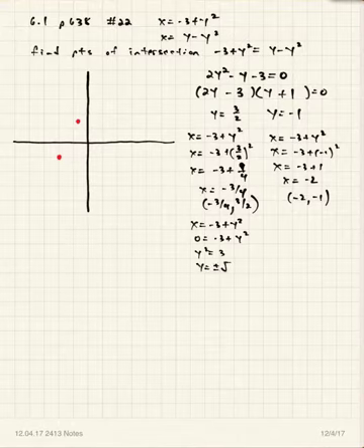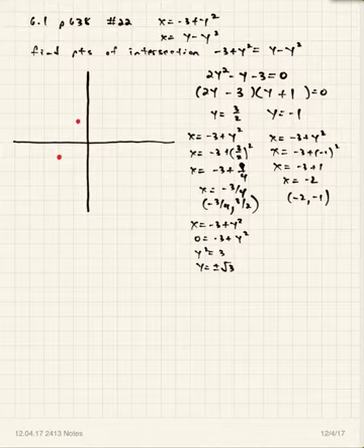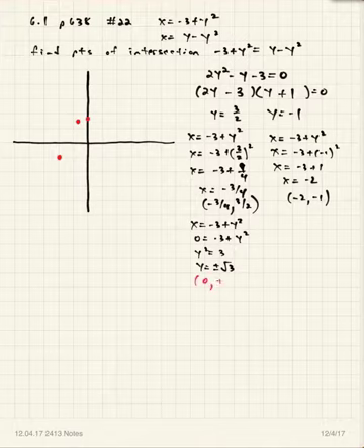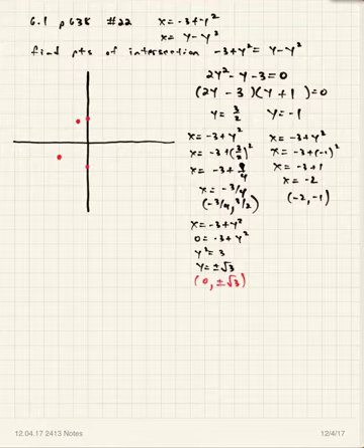So on that graph, and we'll put this one in red, the y-intercepts are at about plus or minus 1.7. You get one right about there and one right about here, like this.